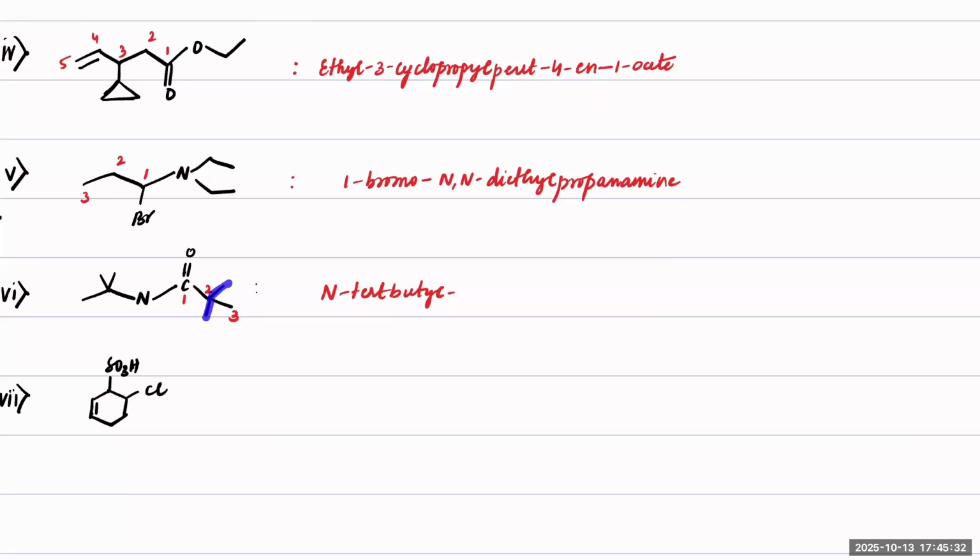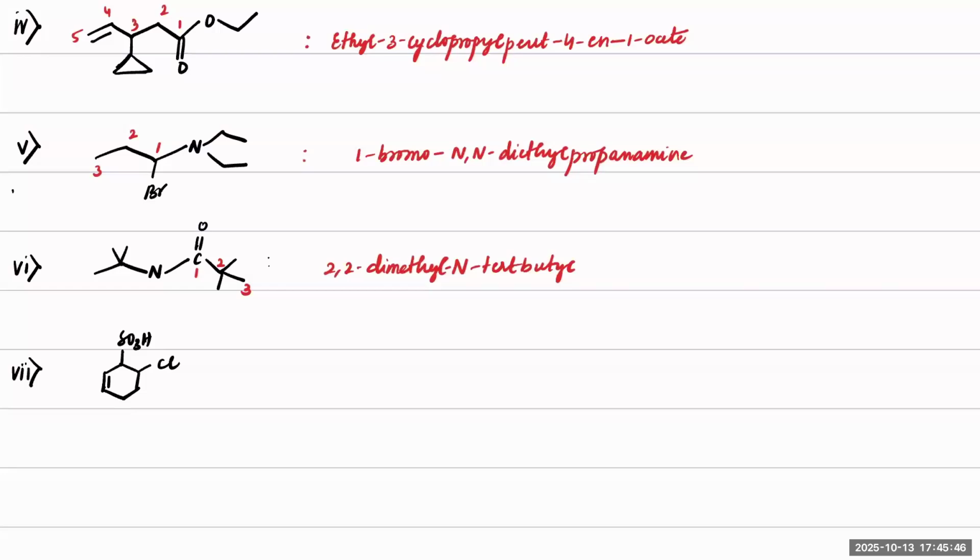So 2,2, that should be written first. So we will have this as 2,2-dimethyl N-tert-butyl. After that we have propan amide.